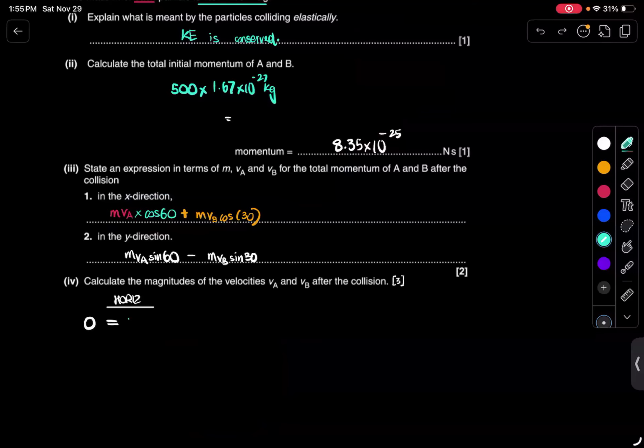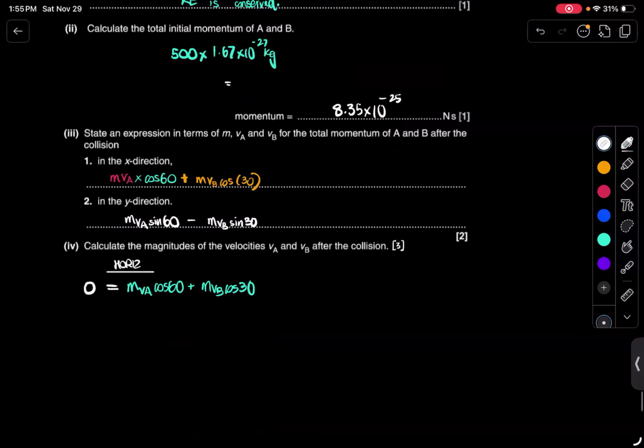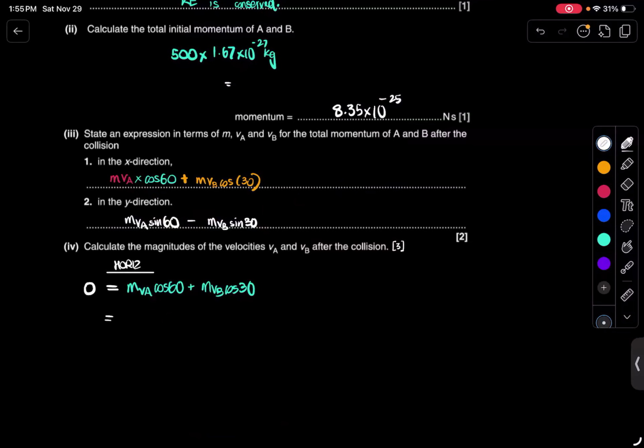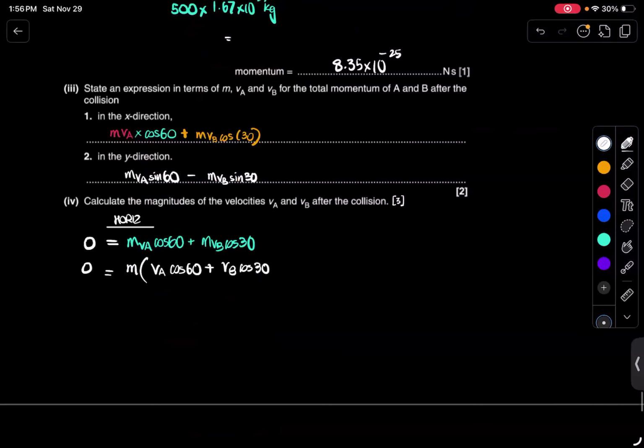It's going to be MVA cos 60 plus MVB cos 30, right? This was the total horizontal momentum in the x direction. Now, we know that M is constant, so it's going to be VA cos 60 plus VB cos 30 equal to 0.